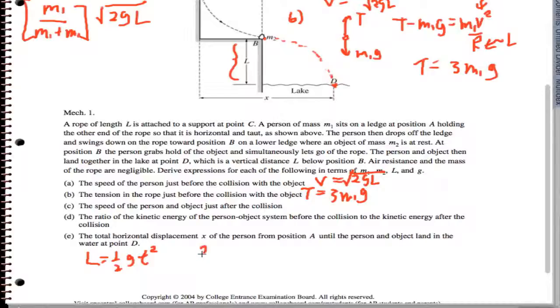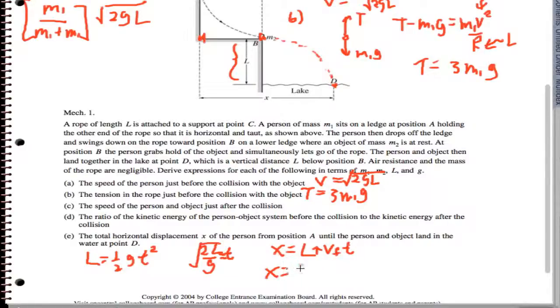So the time it takes to fall is the square root of 2L over g. Then x is going to be L, going from here to here, plus whatever I get from v after the collision times t. So it's L plus vf times t.